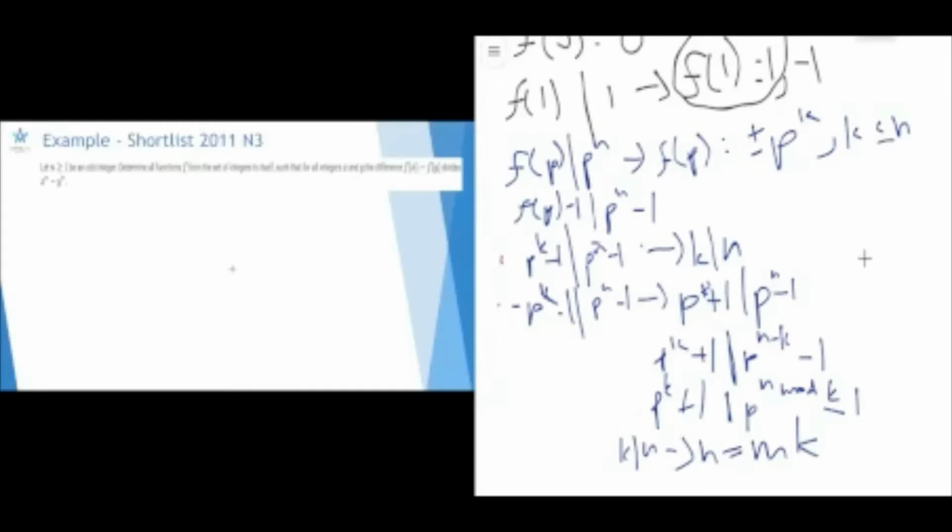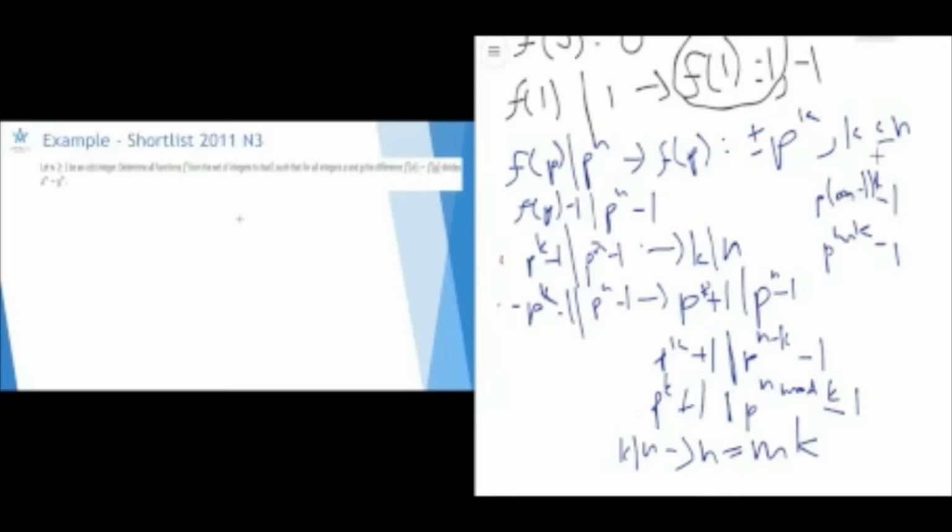So if m was odd, then p to the mk minus 1 is a multiple of p to the k plus 1. But we also know that p to the (m minus 1) times k minus 1 is a multiple of p to the k plus 1. Why? Well, that's because m minus 1 will then be even, and so p to the 2k minus 1 will end up dividing this.